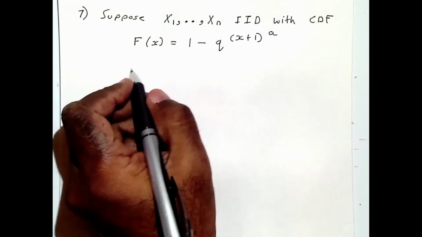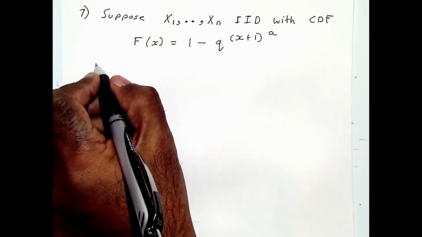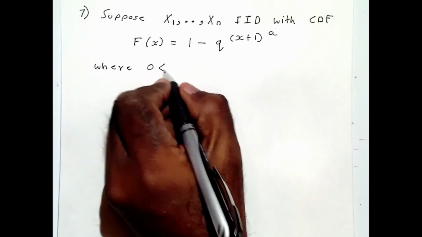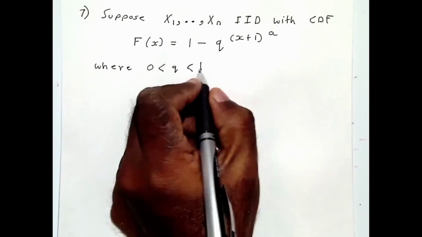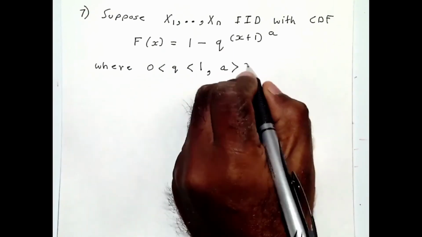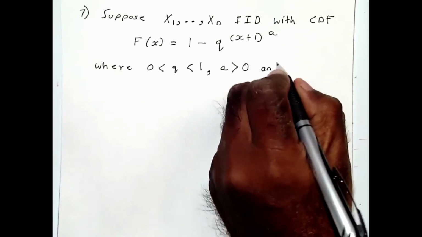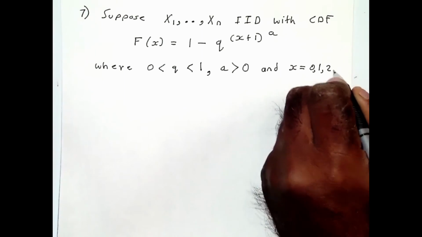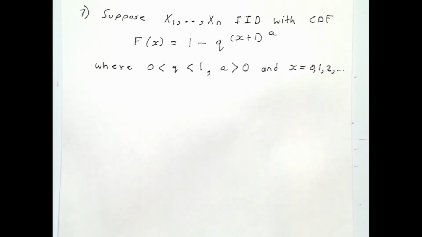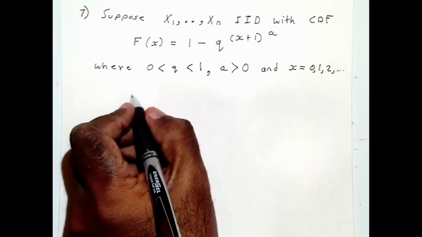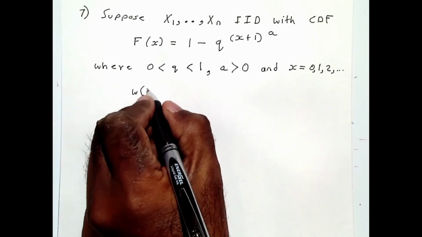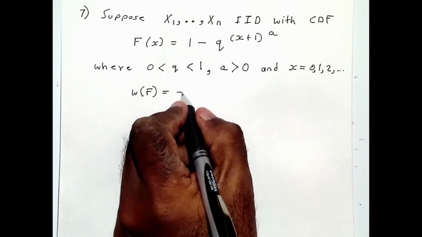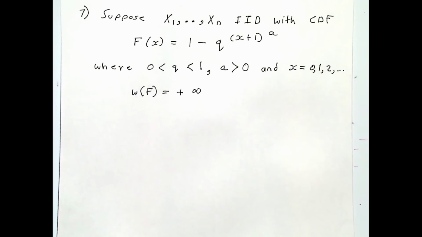Where q is a number between 0 and 1, a is a positive real number, and x can take values 0, 1, 2, etc. Right? So the first thing to figure out is w of F, the upper end point of the support, which is clearly equal to plus infinity.